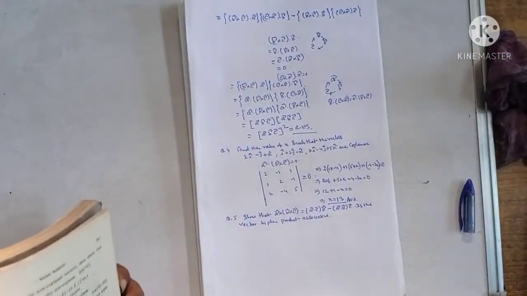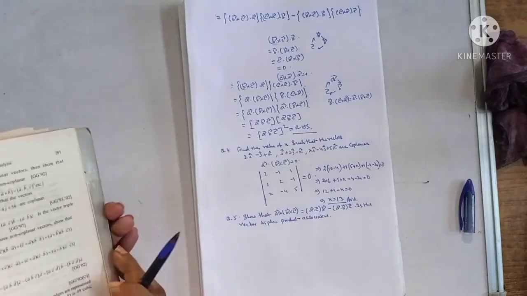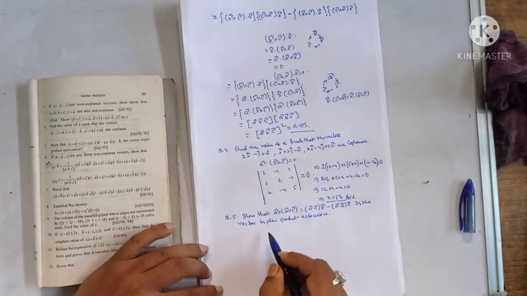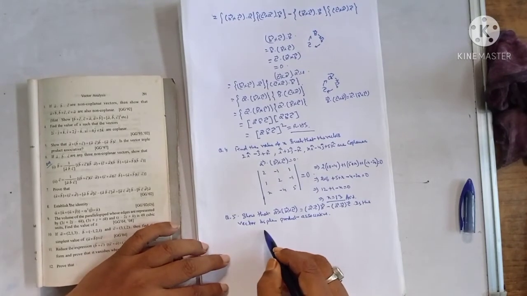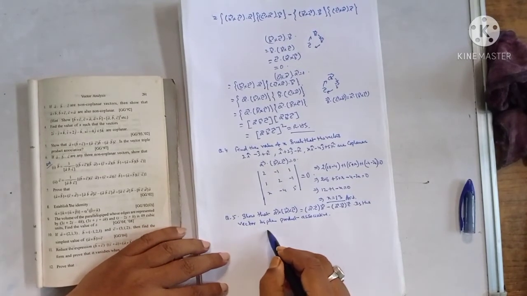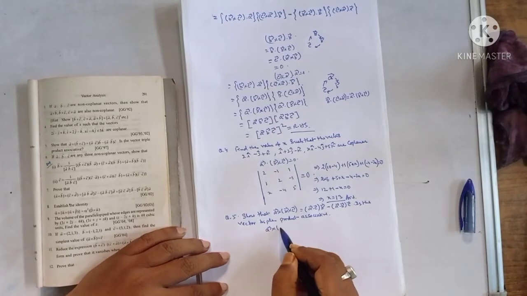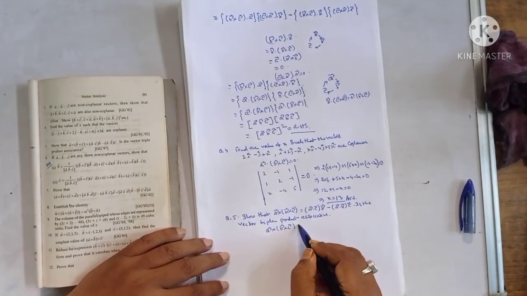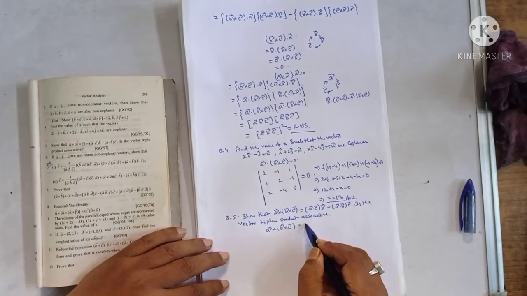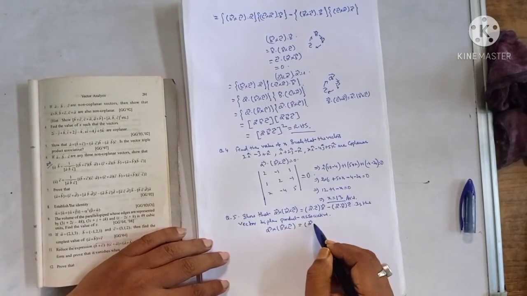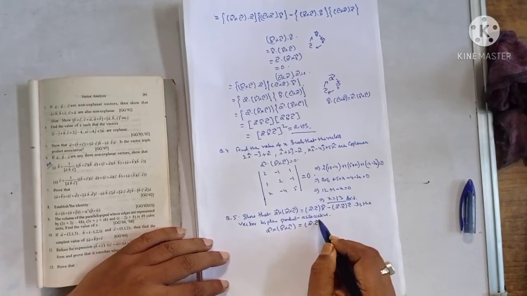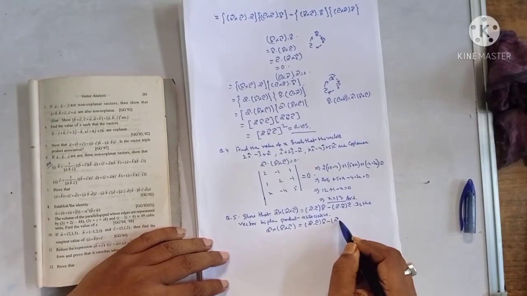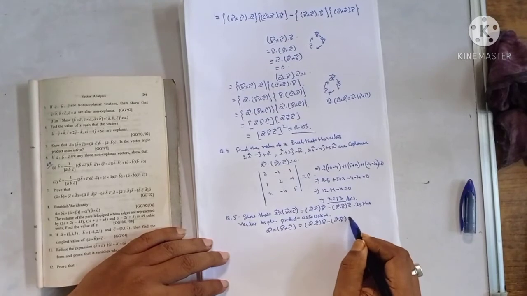Now I am going to do the is it a triple product associative. So A vector cross B vector cross C vector is equal to A vector dot C vector B vector minus A vector dot B vector C vector.